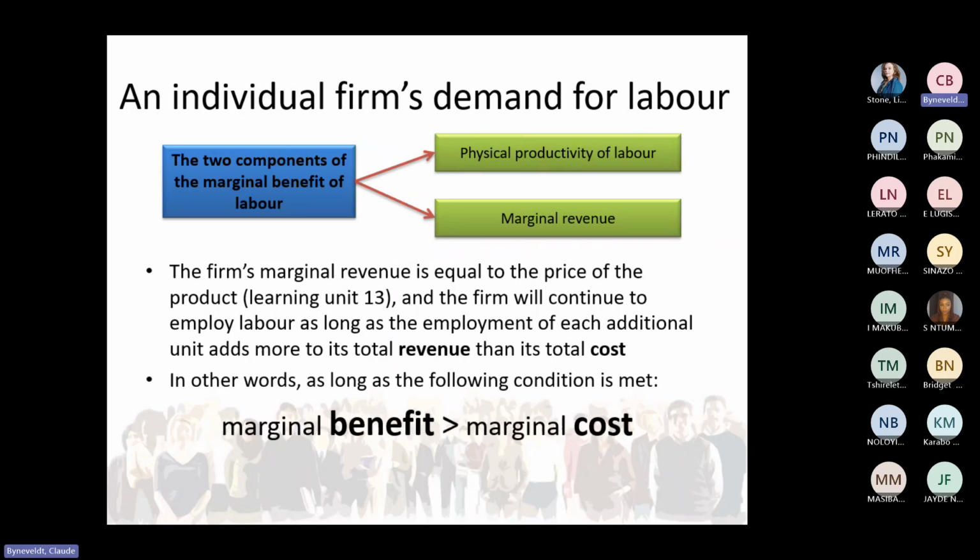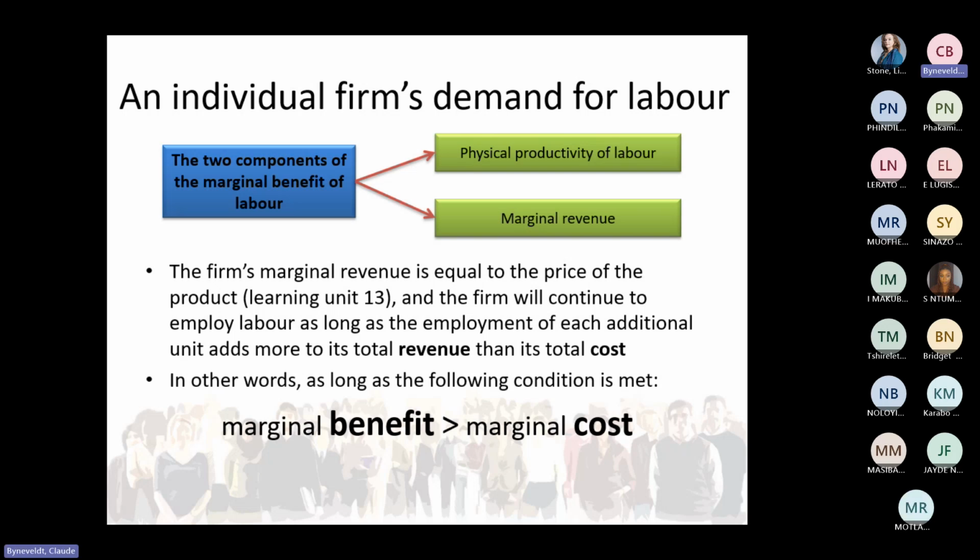So as long as the marginal benefit exceeds the marginal cost, then firms will do what? Then they will employ more labor. They will demand more additional units of labor.